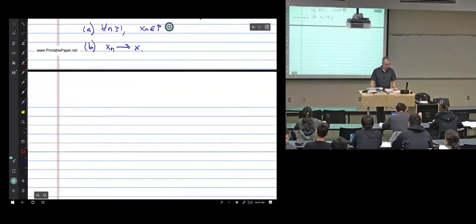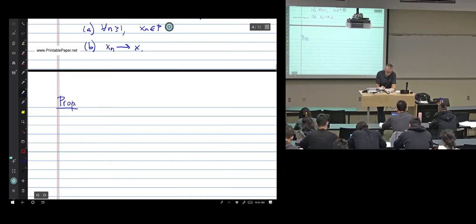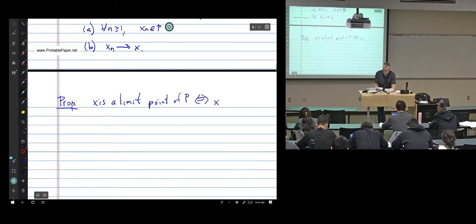I gave you the hint already. It's the notion of the closure of a set. So proposition: x is a limit point of P if and only if x is an element of the closure of P.